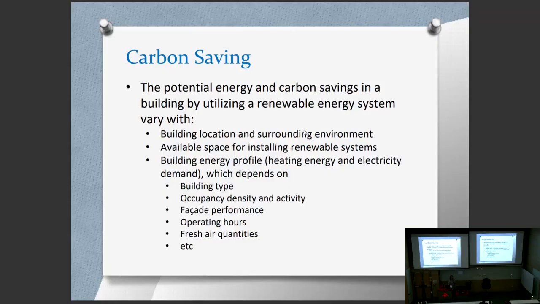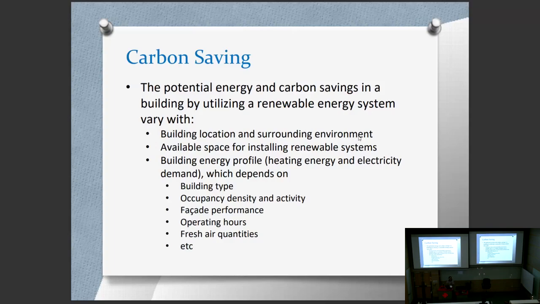So it depends on the solar radiation, right? And the intensity of the solar radiation will depend on the location. So whether it is in Hong Kong or in the northern region or in Singapore, Malaysia, where there are plenty of sunlight. So availability of sunlight, the building location, and the surrounding environment.